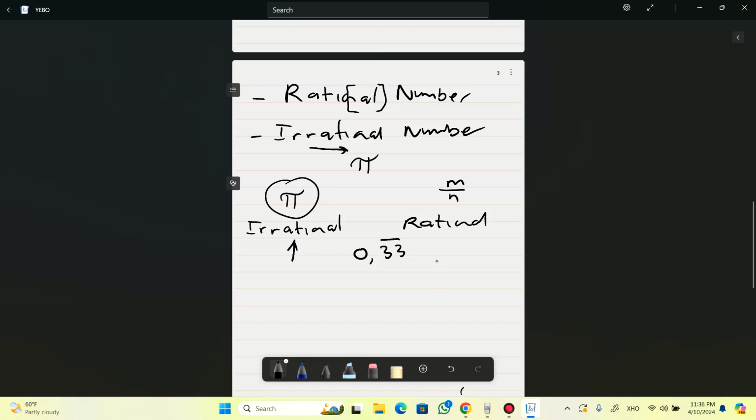By recurring, I mean that I have 0,33333333. So without using a calculator, I can change this number to be m over n, right? So let us see whether we can do that.